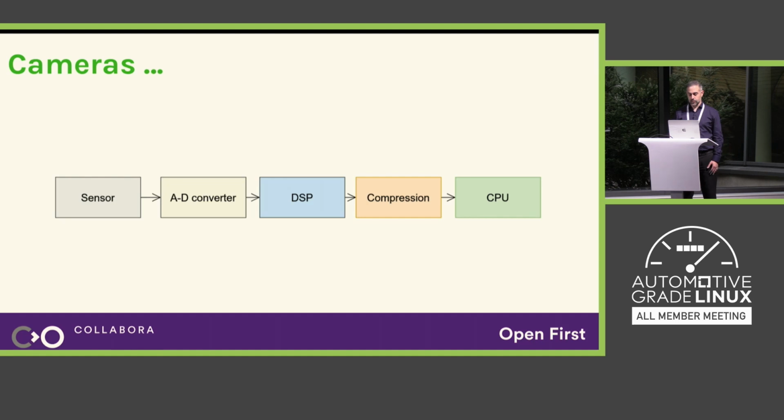There needs to be some processing in between. And after that, there's probably some compression before we get the signal to the CPU. Now, that's a simple camera. Many, many years ago, that was the entire pipeline.